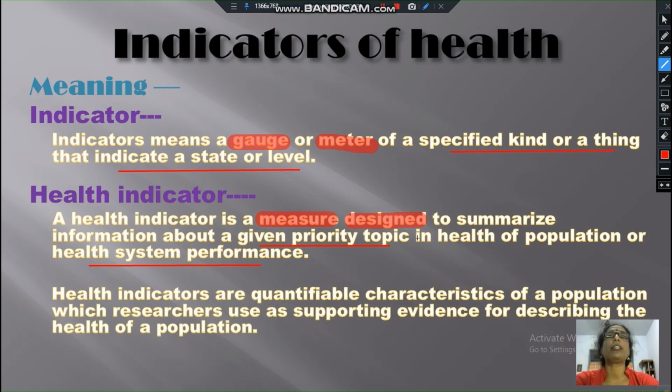And health indicators are quantifiable characteristics of a population which researchers use as supporting evidence for describing the health of the population.